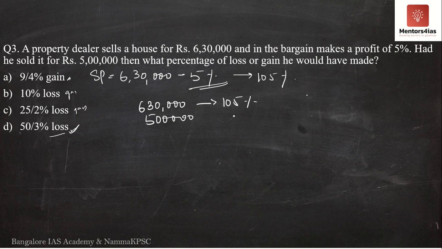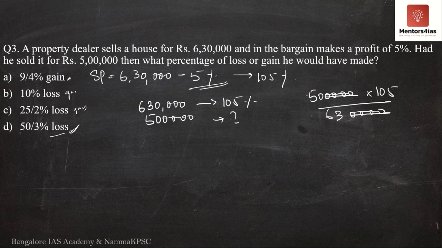Again, cross multiply. So we have 5 lakhs into 105 divided by 6,30,000. So 4 zeros we can straight away cancel. Here we have 3, so this was divisible by 3, so 3 2s are 6, 1, 3 3s are 9, 1 5, so 3 5s are 15, 7 3s are 21, 7 5s are 35.